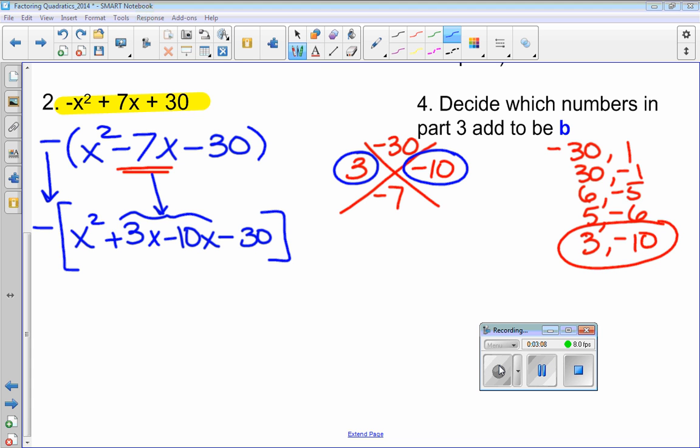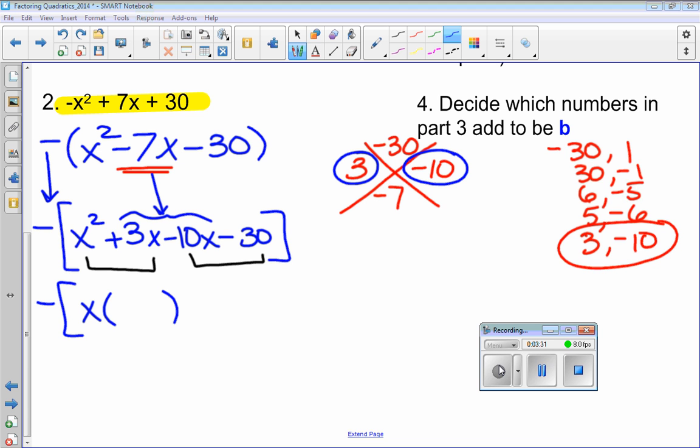All right, so here we are. We are going to look at the first two and the last two. We're going to be grouping. And when we group these, what is the GCF that can be taken out of x squared and 3x? X. Remember, the negative stays along for the ride. Greatest common factor.